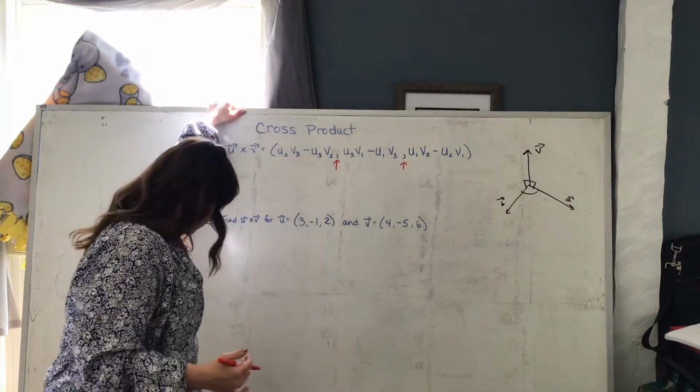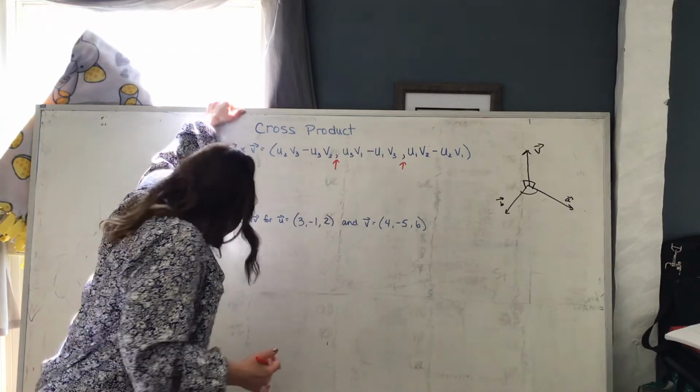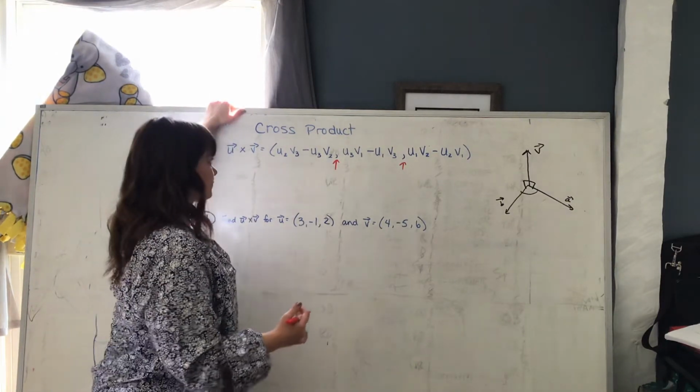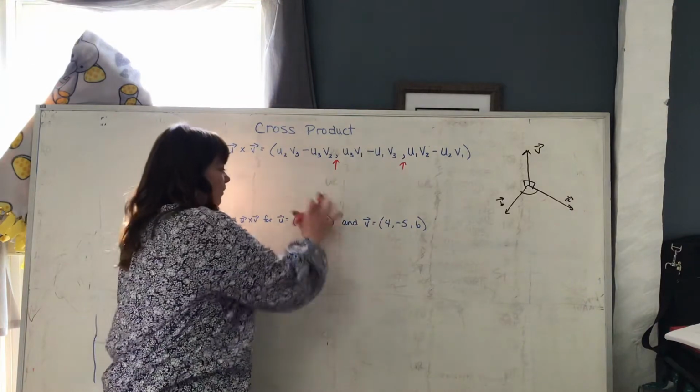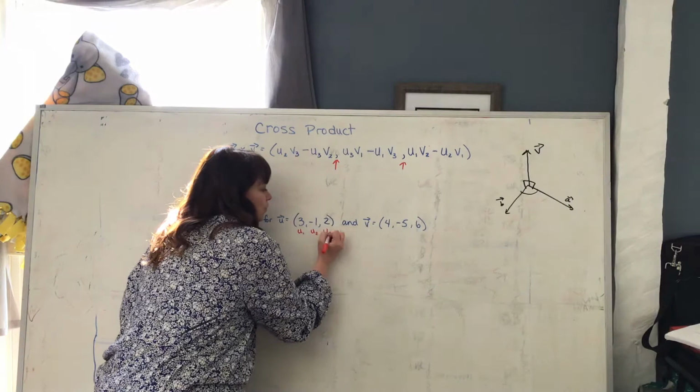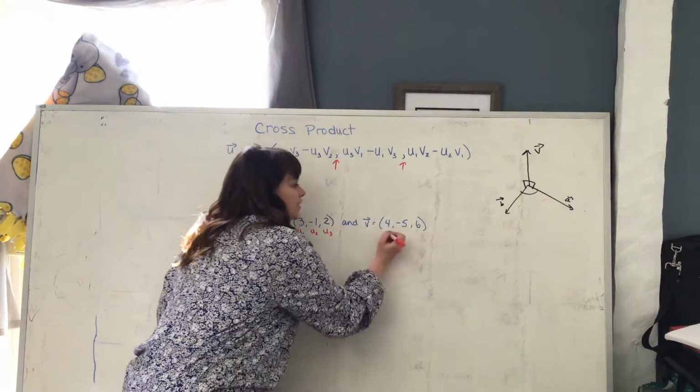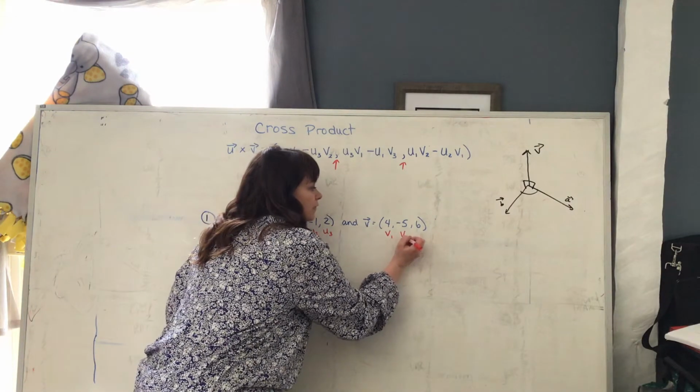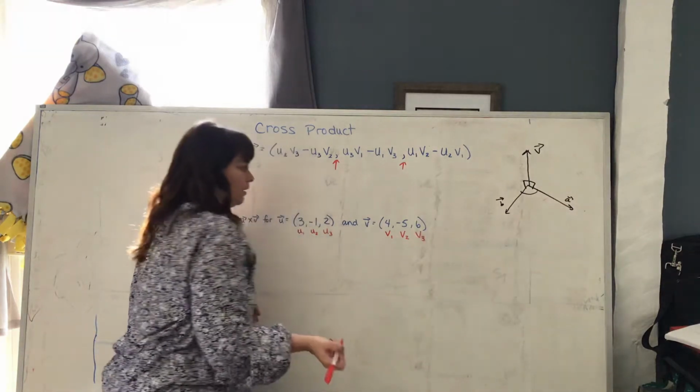Okay, so here's how I would start this. I would start by labeling vector U as U1, U2, U3, and vector V as V1, V2, V3.